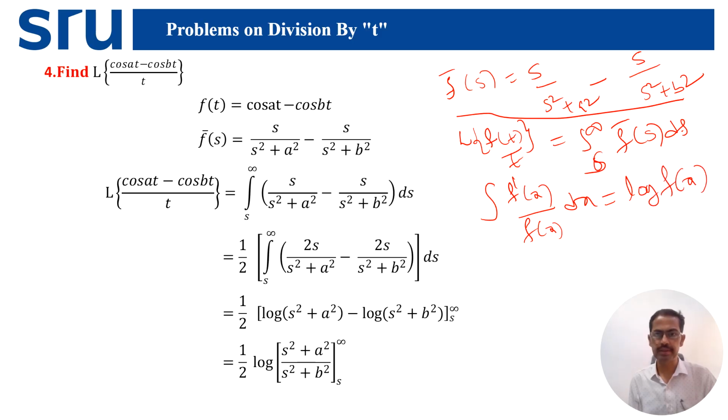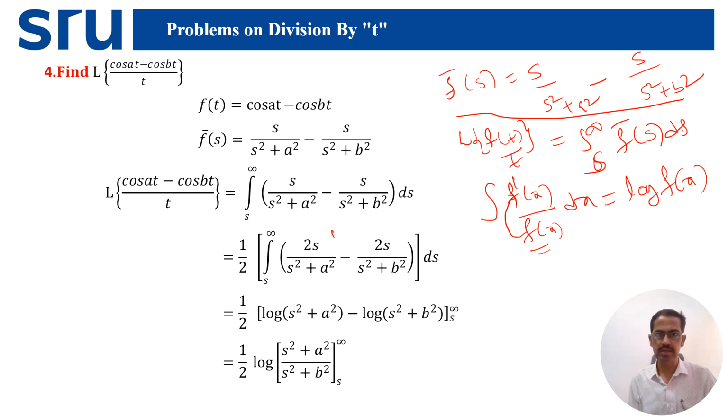Here the derivative of the denominator is needed in the numerator, so multiply and divide by 2: 1 by 2 outside, and 2s by s square plus a square minus 2s by s square plus b square.